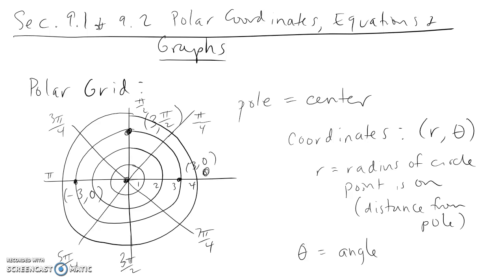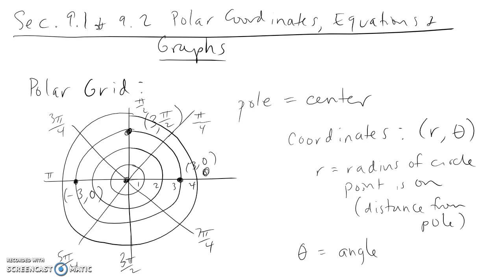We would also have, if we had something over here, we do call it -3, 0. So we have points 3, 0, that's right here, that is radius 3 at 0 angle. And then we also do have points with negative x coordinates. Here we'd have -3, 0. All right.